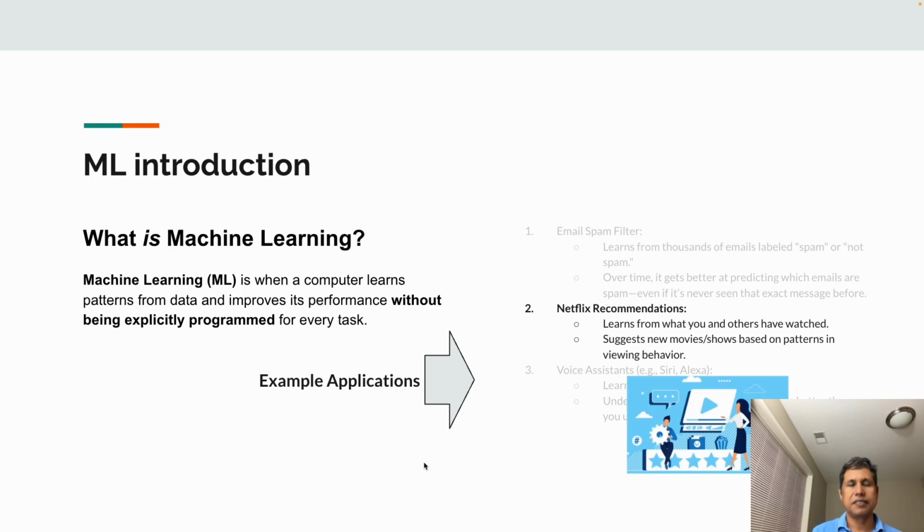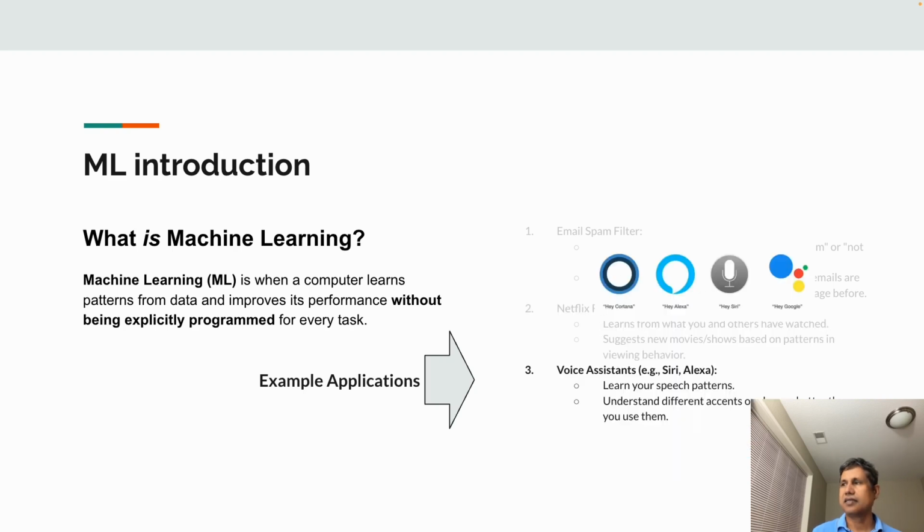Another example is the movie recommender system, and then the voice assistants for example Siri or Alexa. So they learn the speech patterns, okay? They can understand your voice and someone else's voice as well, right?